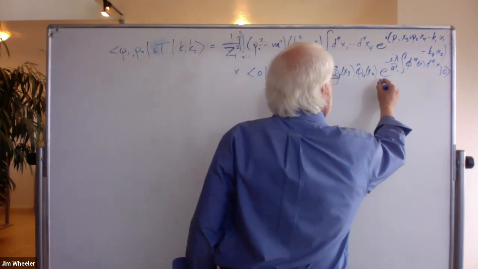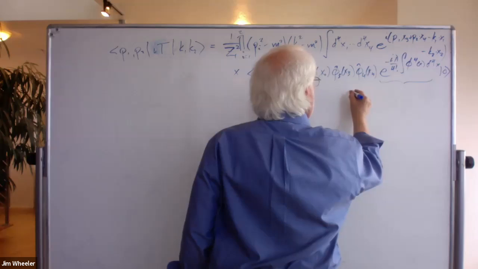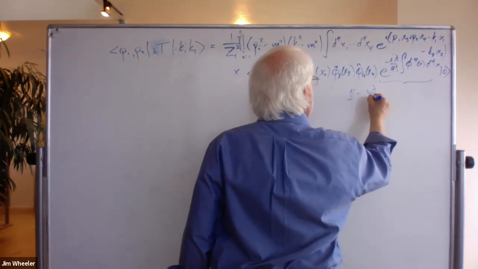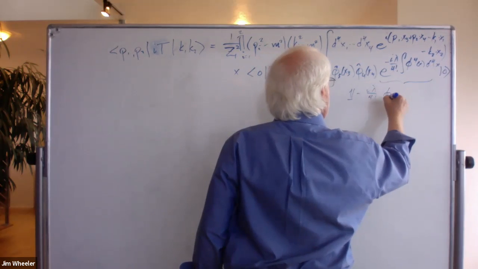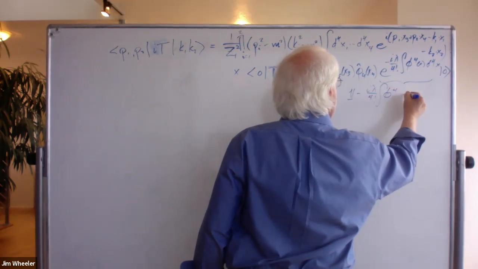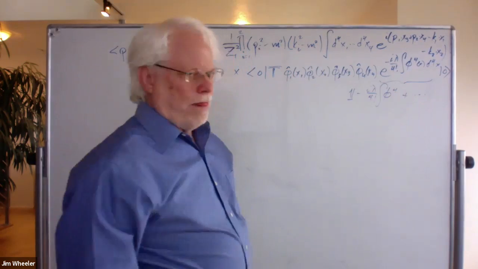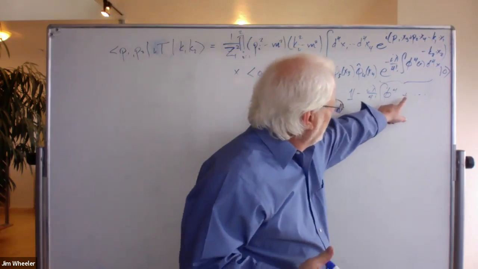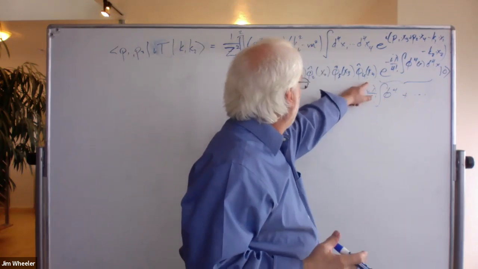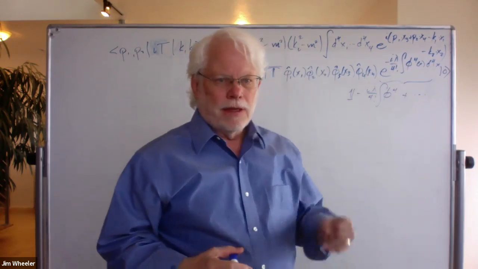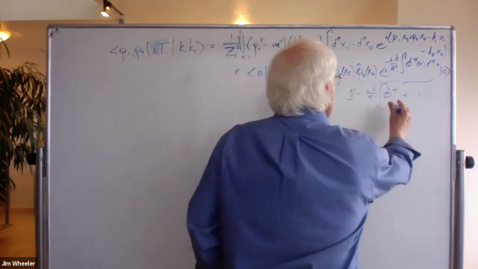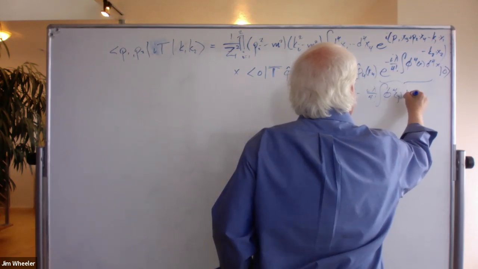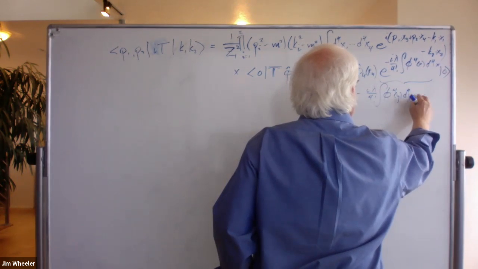So this exponential gets expanded in a Taylor series. At each order, this is bringing in 4 more factors of the field phi, and I think I call this phi of y, d4y.